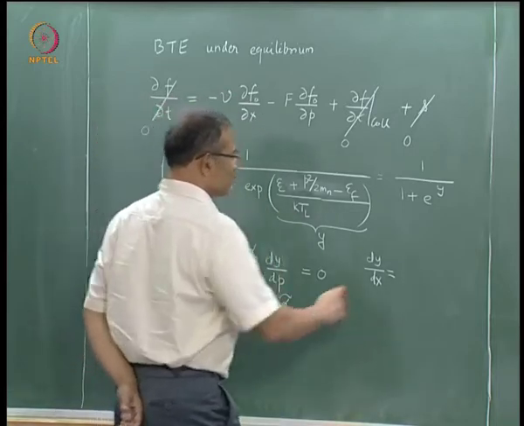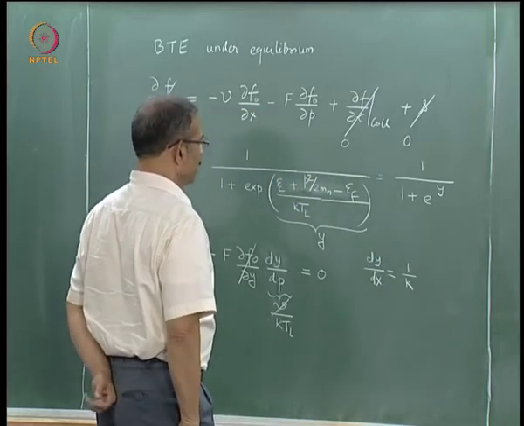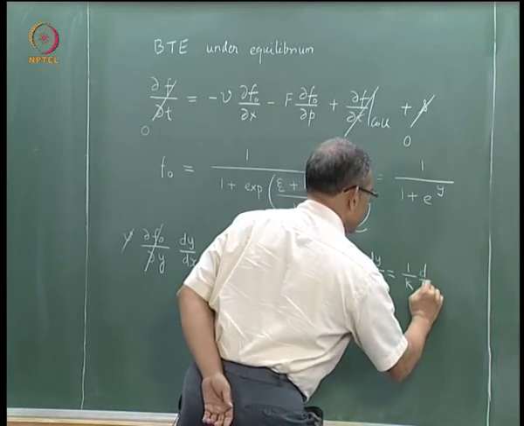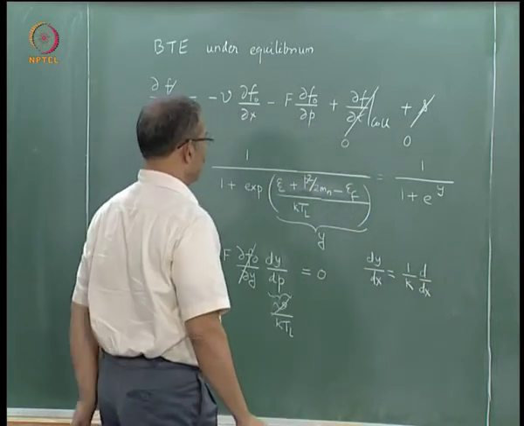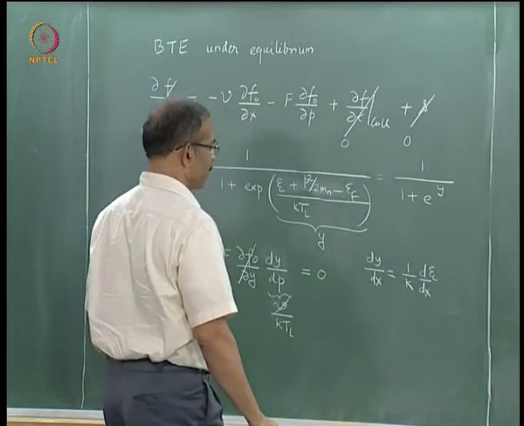So k is a constant, so 1 by k I will take out. So 1 by k into d by dx of the numerator, which is dEc by dx.